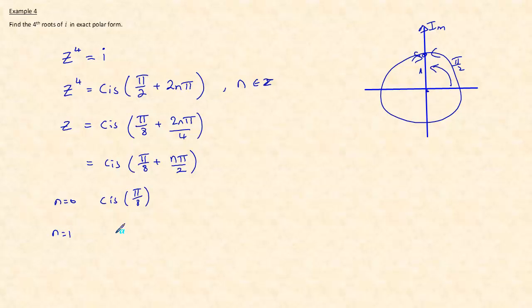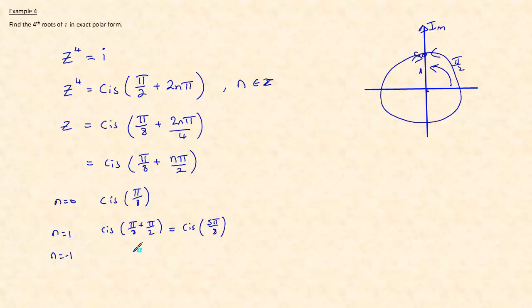If we have n equals 1, that's going to be cis pi by 8 plus pi by 2, which is cis pi by 8 plus 4 pi by 8, so that's 5 pi by 8. Now if we went for n equals 2, we'd be adding another pi by 2 onto this one, so that would be 9 pi by 8, so that would go outside of our principal argument between negative pi and pi.